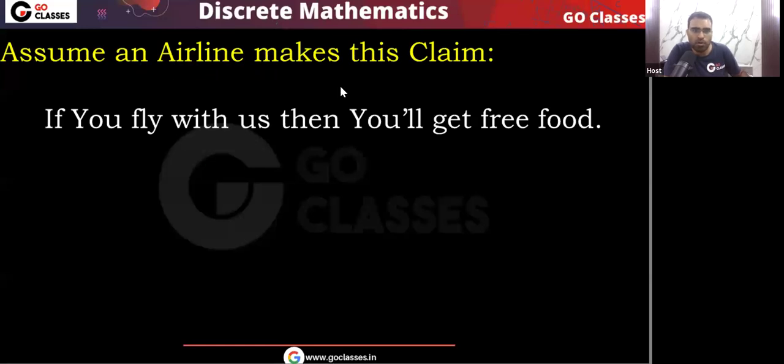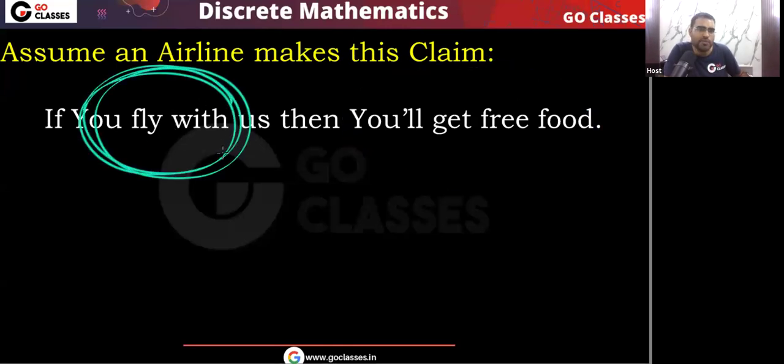Let's assume you don't fly with SpiceJet. Now tell me, will you get free food or not? Maybe you will, maybe you won't. Maybe Air India will give you free food, or maybe Air India will not give you free food.